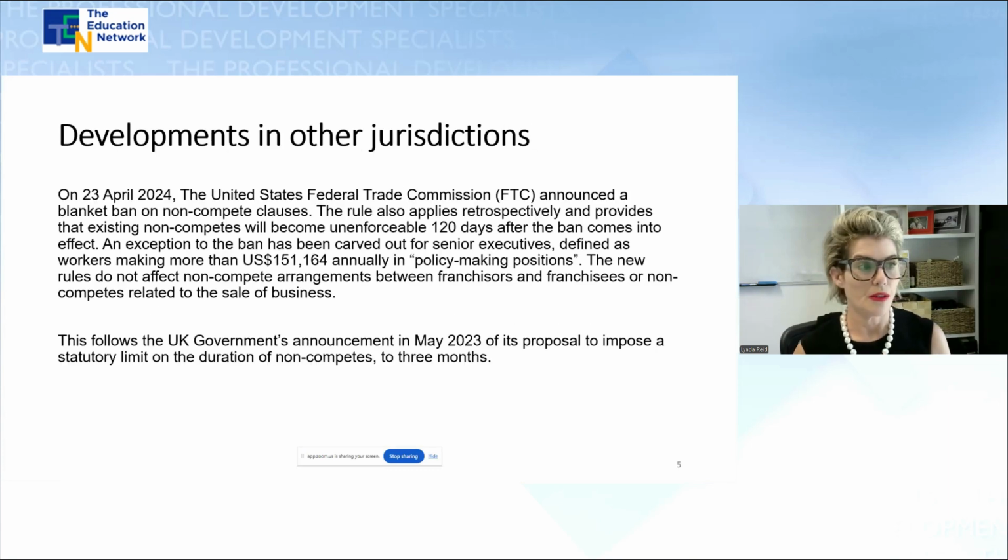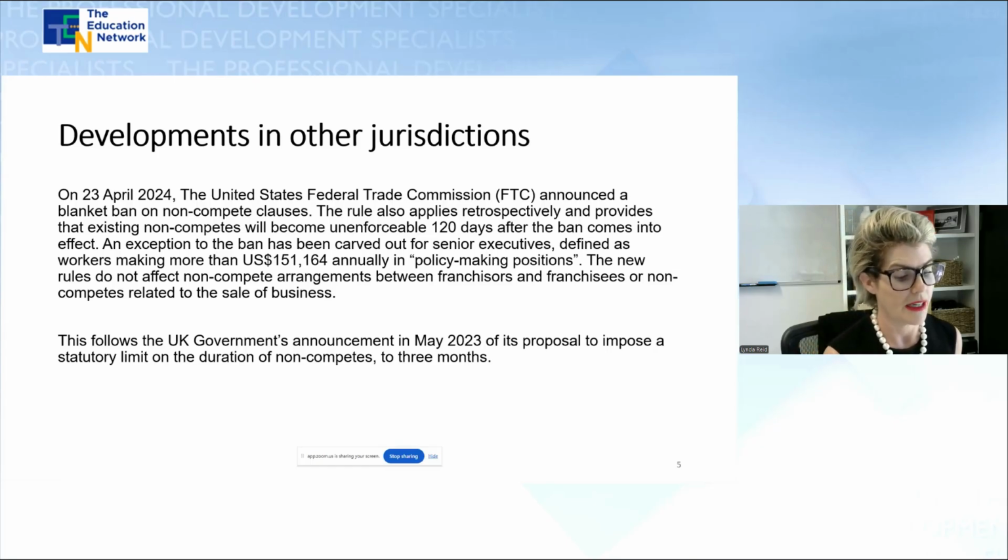Okay, so very recently, only last year, the United States Federal Trade Commission announced a blanket ban on non-compete clauses. Now, there are states in the US that have already banned restraint clauses. The state of California is one that has already had a ban in place for restraints of trade in particular circumstances.